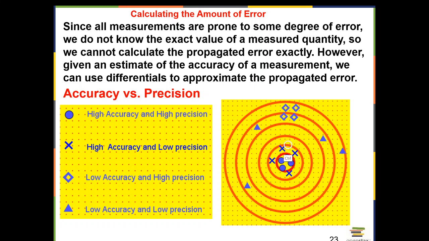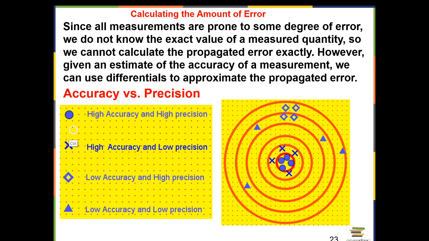There you were successful to hit the target, and every time you hit it was close to the target. So you have good accuracy here because you're close to the target. You have good precision because they're all basically in the same place, very close to each other. So here we have high accuracy and high precision.